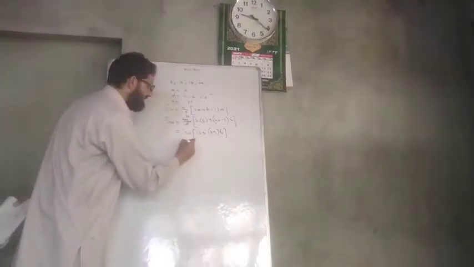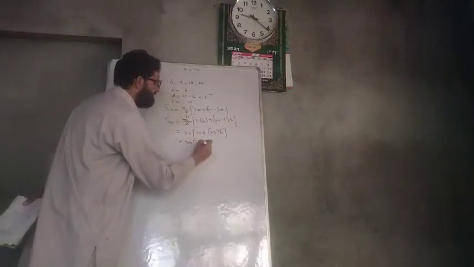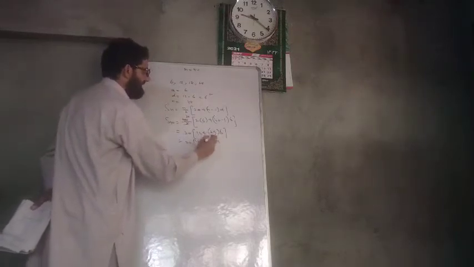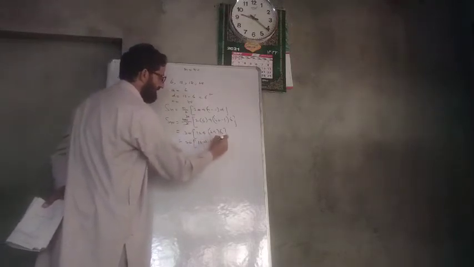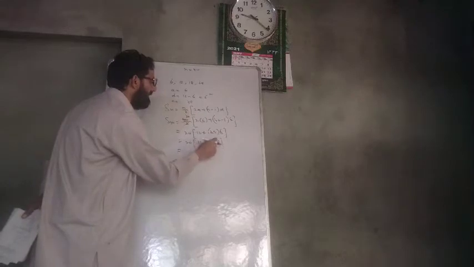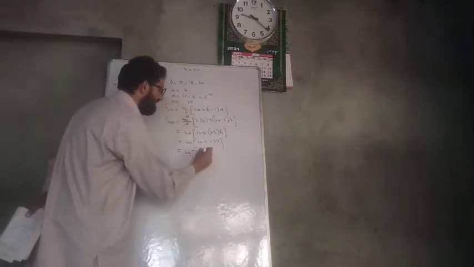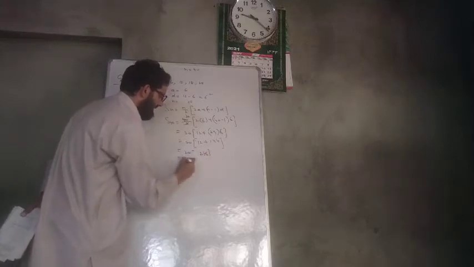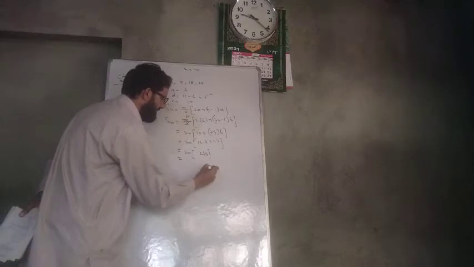So this is further equivalent to 20 into 12 plus 6 nines are 54, 6 threes are 18, 234 plus 12. This is 20 into 246, and this is further equivalent to the product.